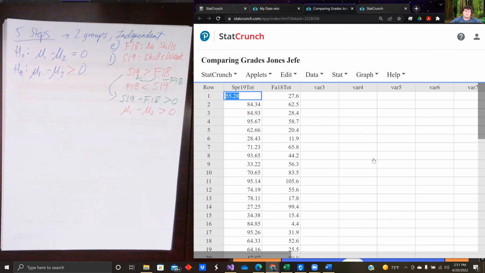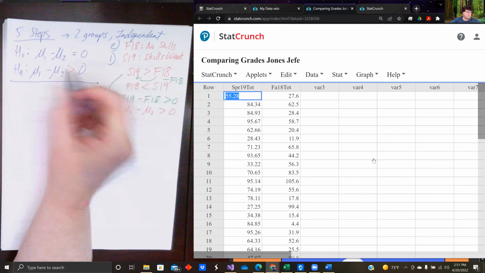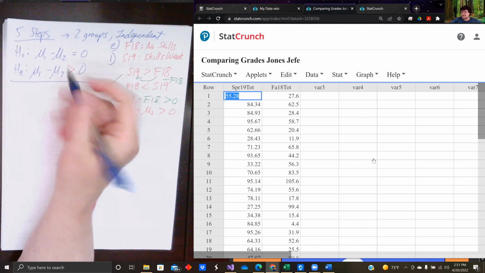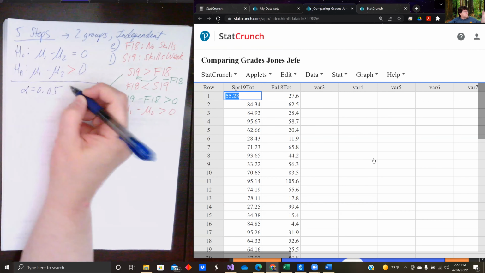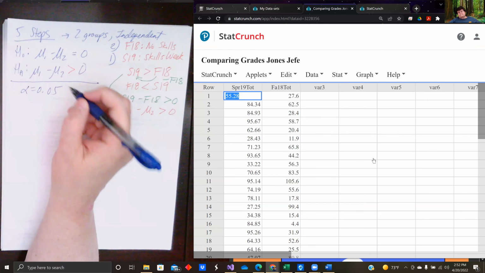It helped me identify what's going to go where. Okay, so we got our H naught and HA. We want to identify the level of significance, and the problem stated alpha equals 0.05. Yep.